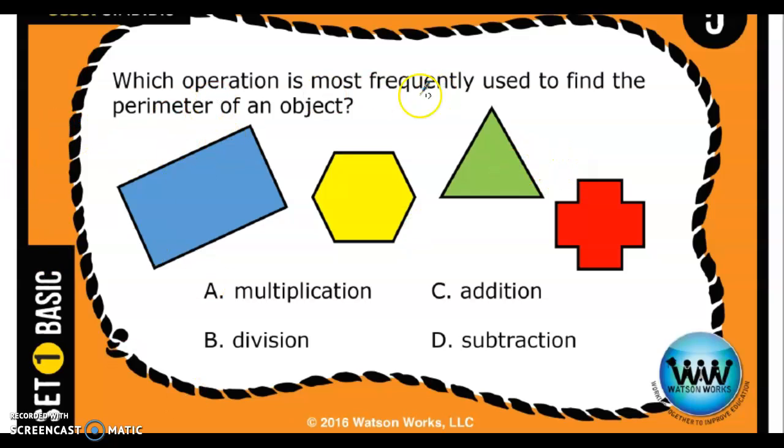All right, which operation is most frequently used to find the perimeter of an object? Well, when we're finding the perimeter of an object, what are we doing? Good, we add up all of the sides. So we're not multiplying, we're adding, we're not dividing, and we're not subtracting.